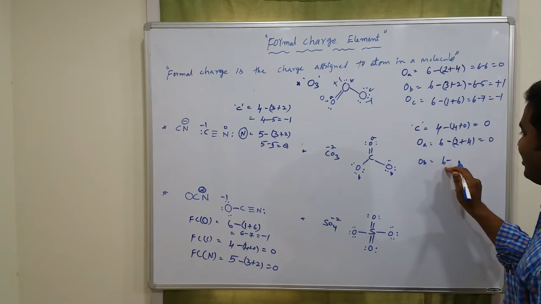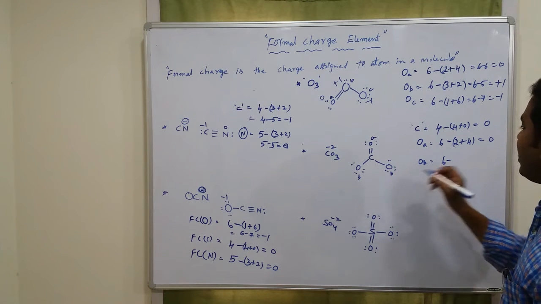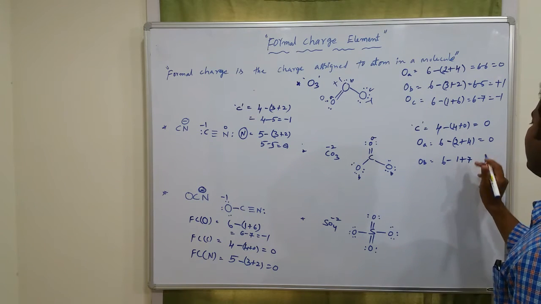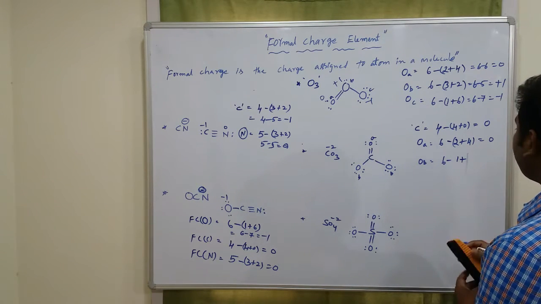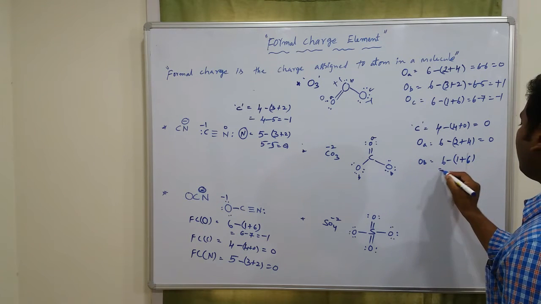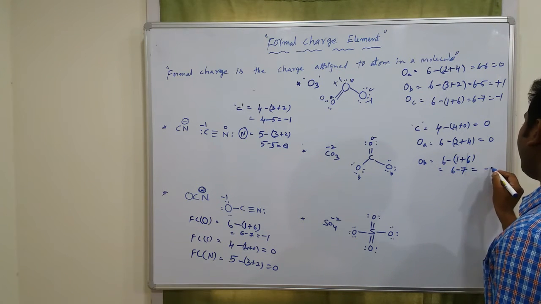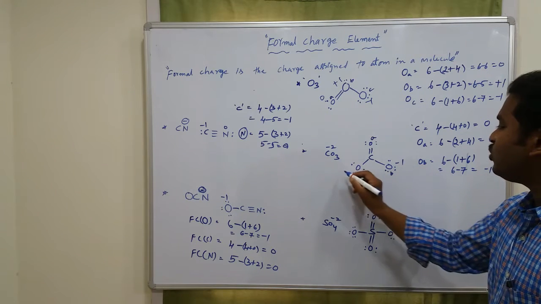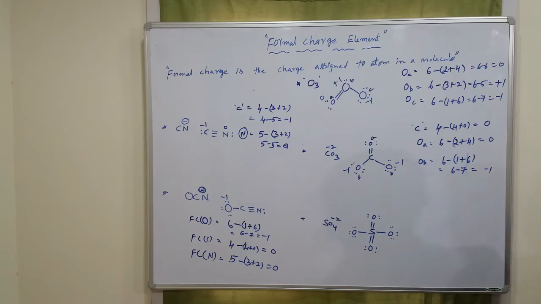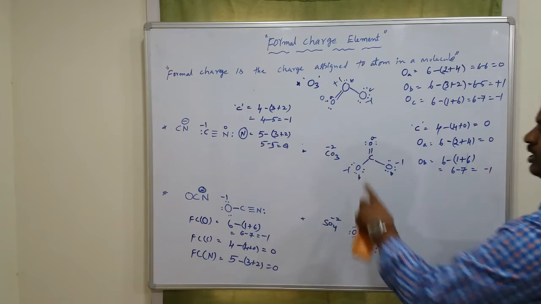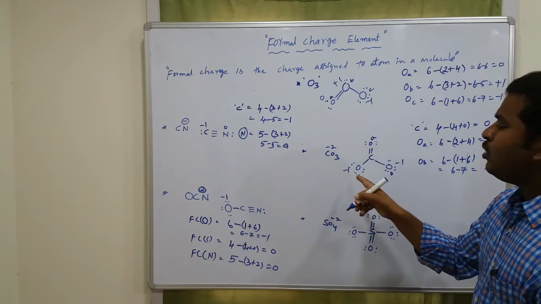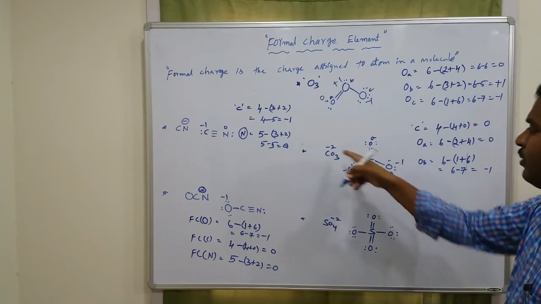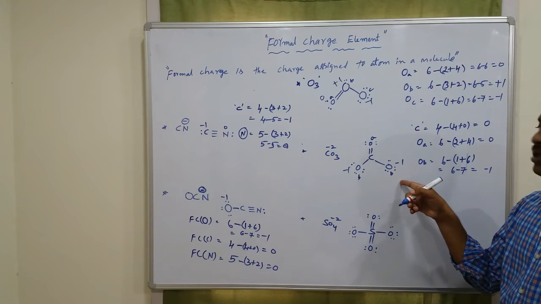So 6 minus, around the oxygen atom it has only 1 bond plus 6 electrons. So 6 minus 7 equals minus 1. These 2 are similar atoms, so this oxygen carries a minus 1 charge and this oxygen also carries a minus 1 charge. So it is the CO3 2 minus ion. Minus 2 indicates a minus 1 charge on one oxygen atom and another minus 1 charge on another oxygen atom.